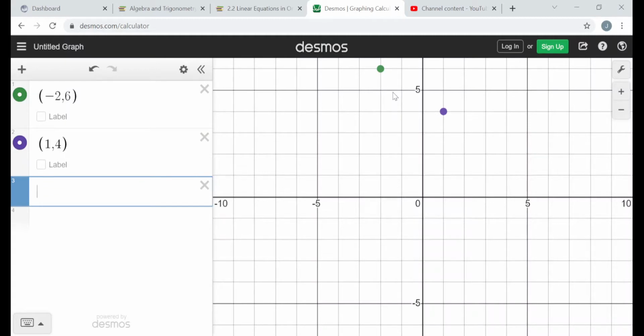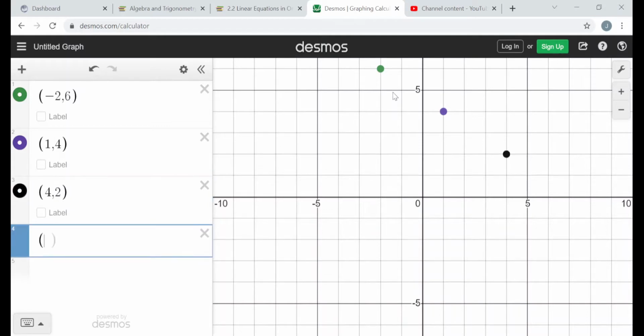But then remember, I can keep going. As long as the vertical change over horizontal change is negative 2/3, then we had (4, 2) and (7, 0). You see these 4 points that showed up, they're definitely looking like they're falling on a nice straight line.